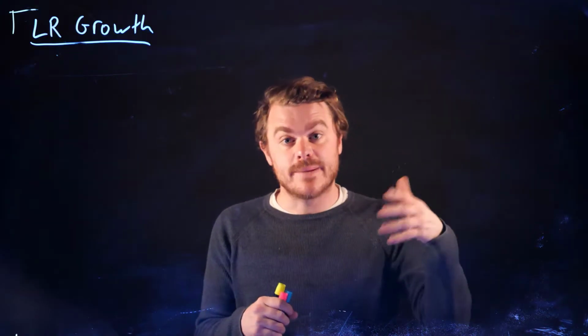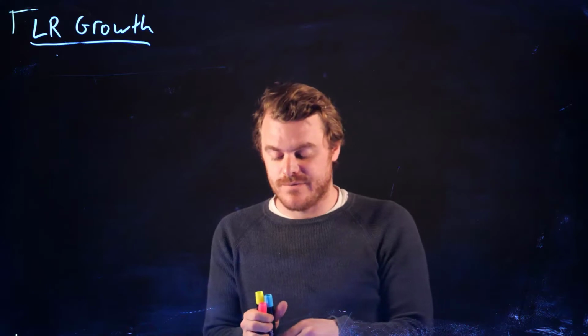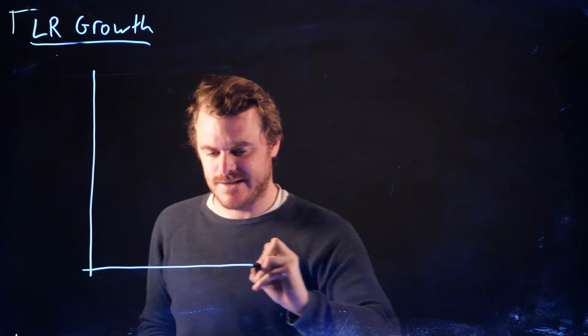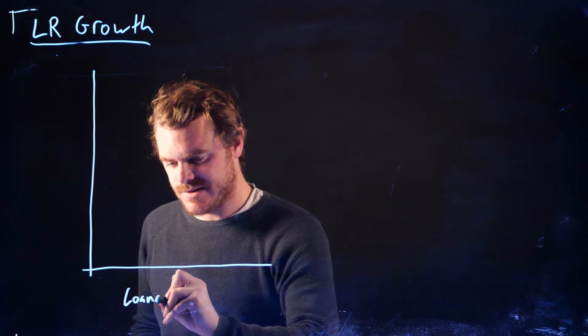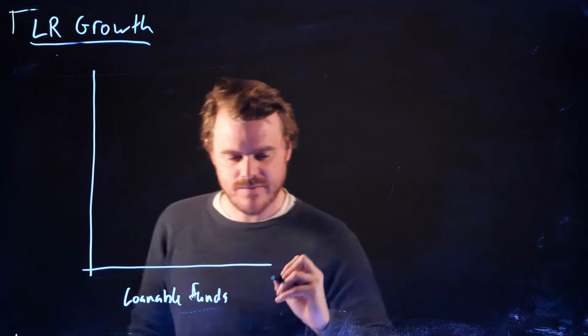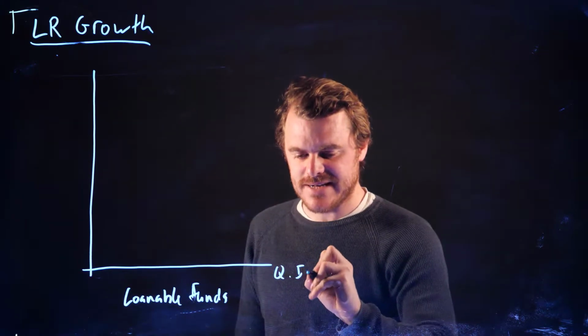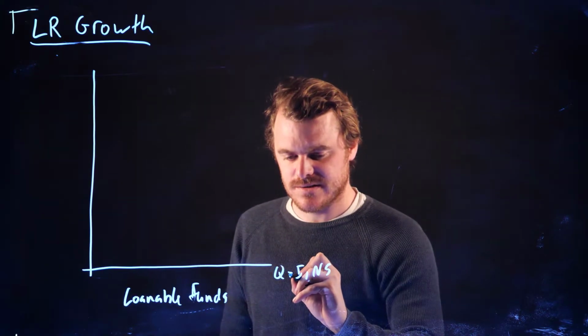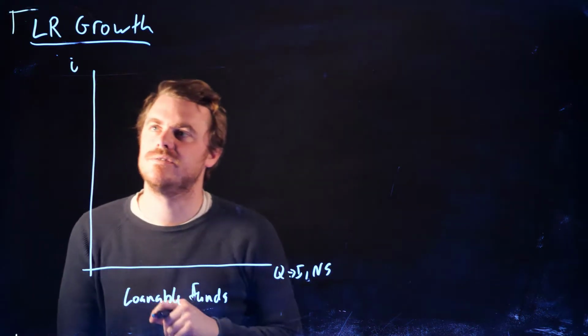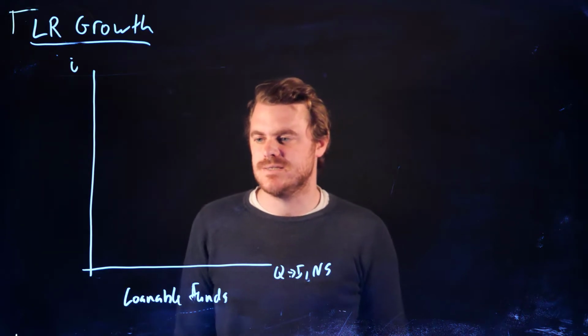All right, so let's talk about changes in this market for loanable funds. Let's just draw our market again. This is the market for loanable funds. We have the quantity of investment and national savings on the x-axis, and the interest rate, lowercase i, on the y-axis.